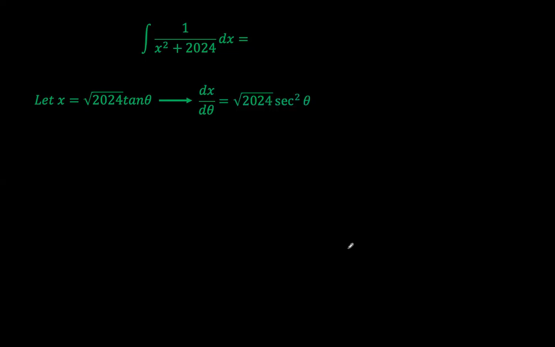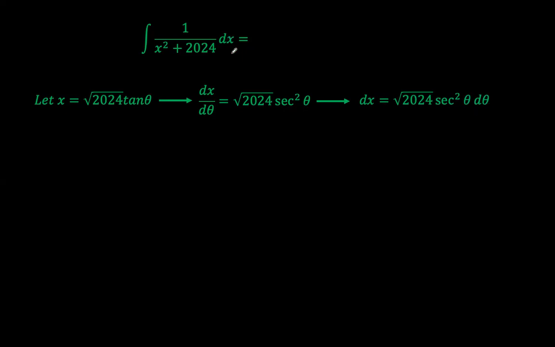So we could say let x be equal to the square root of 2024 tan theta, such that dx over d theta is square root of 2024 sec squared theta. And so therefore we can substitute dx with square root of 2024 sec squared theta d theta.